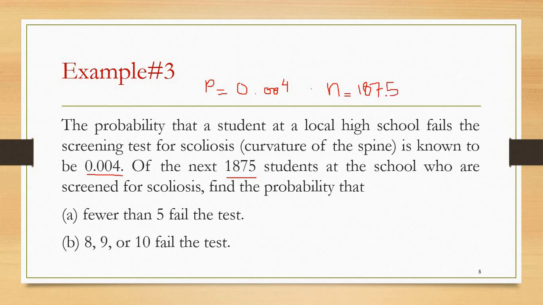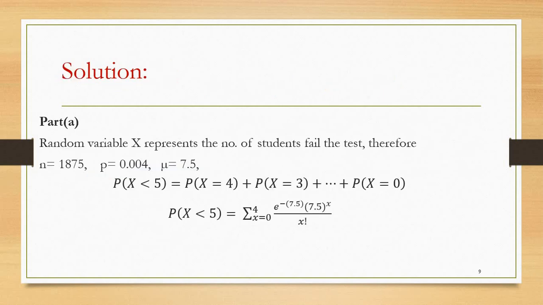So we can approximate this binomial distribution to the Poisson distribution. As you know that random variable x will represent the number of students who fail the test. Therefore, n is equal to 1875, p will be equal to 0.004. So mu will be equal to n into p, which is 7.5.